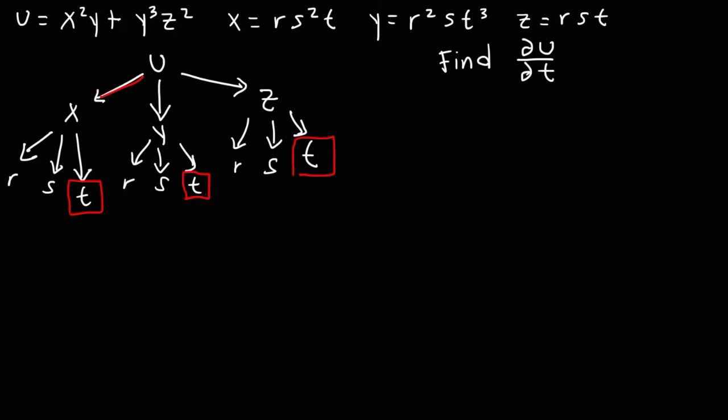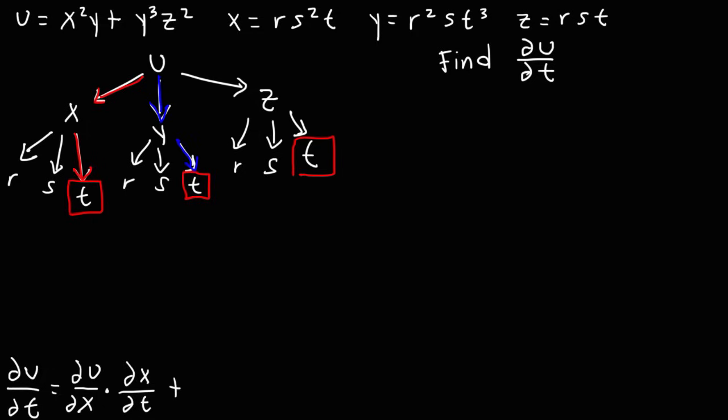So let's start with this path, and let's write the formula. So the partial derivative of u with respect to t is going to be the partial derivative of u with respect to x times the partial derivative of x with respect to t. Now, let's take this path.